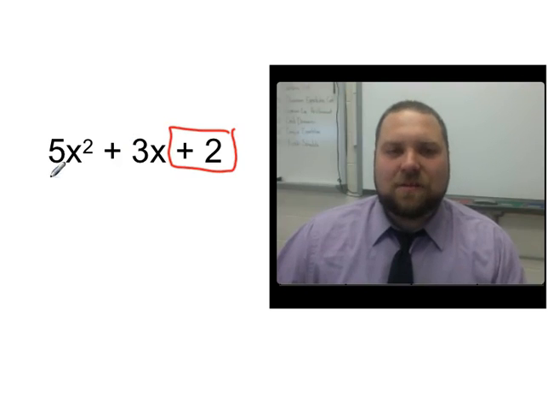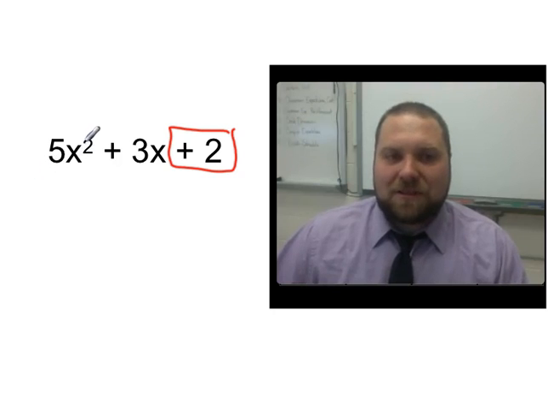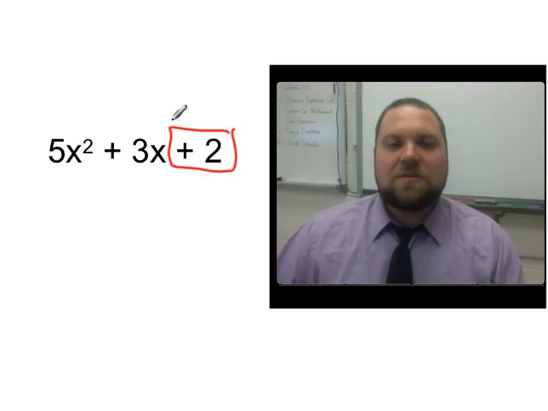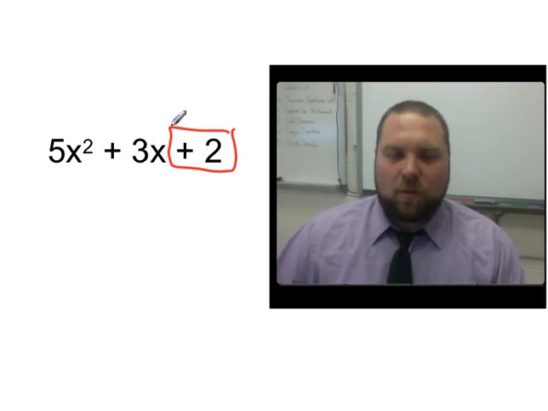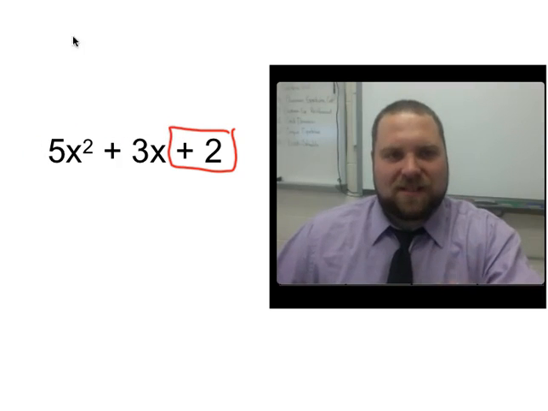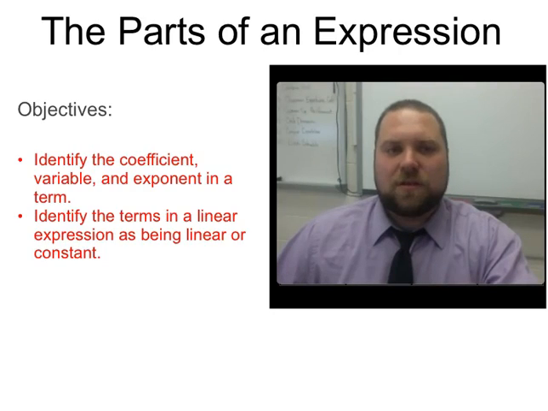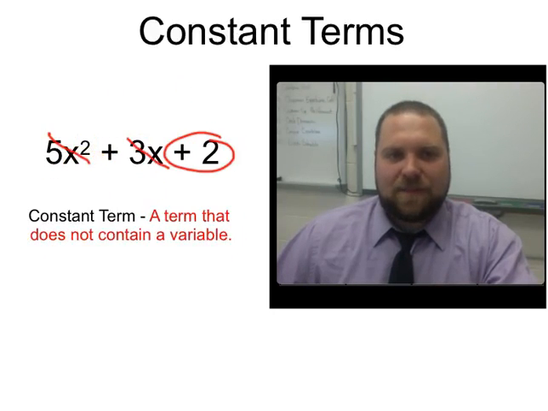Or I can ask you, what does the exponent 2 mean in the first term? And now I know I'm looking for an exponent 2. I know how to identify the first term. And so using all of those words, I can very clearly describe where things are in a given expression, which is why it's so important that we learn this vocabulary.